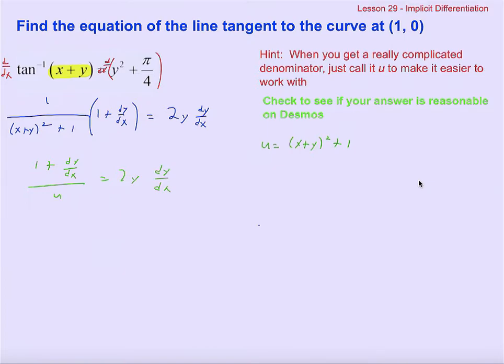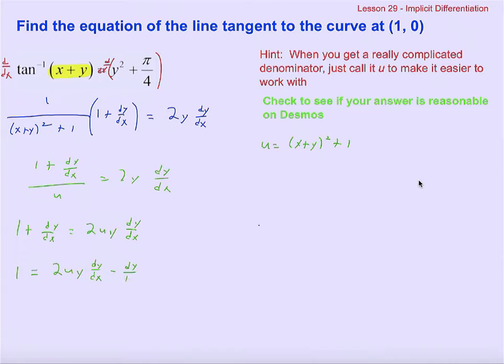So now I'm looking at this and I say, all right, I'm just going to move the u over to the other side by multiplying both sides by u, giving 1 plus dy dx equals 2uy dy dx. And then the step now is to collect the dy dx's, meaning move all of them over to one side, so that way we can factor out the dy dx. So 1 equals 2uy dy dx minus dy dx.